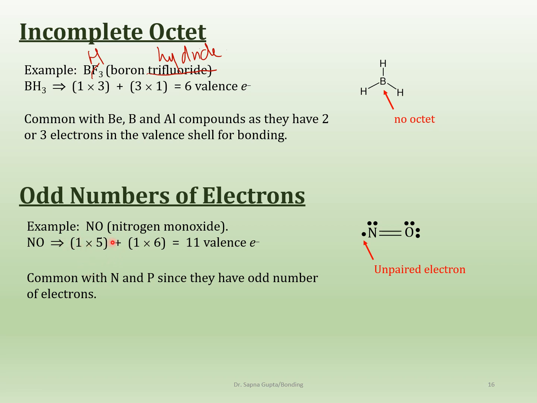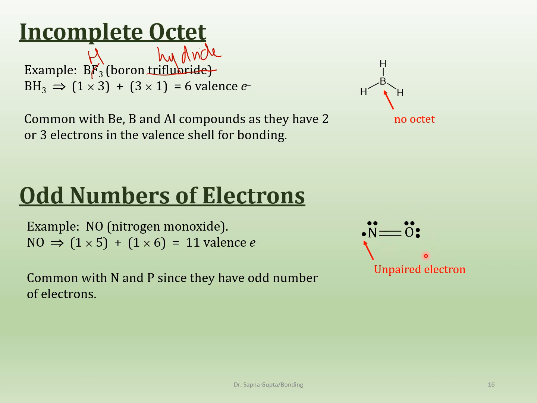So here is an example for NO, which is nitrogen monoxide. You have 5 and 6 electrons, 5 coming from nitrogen and oxygen has 6 electrons, so you have 11. By the time you write the Lewis structure like this and you assign all the electrons, oxygen will have 2 pairs of electrons and then the double bond.